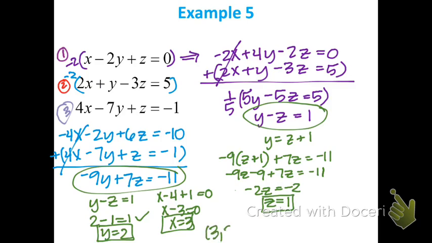Remember to write your answer as an ordered pair. Okay, you should get 3, 2, 1. Any questions on example 5 using elimination?